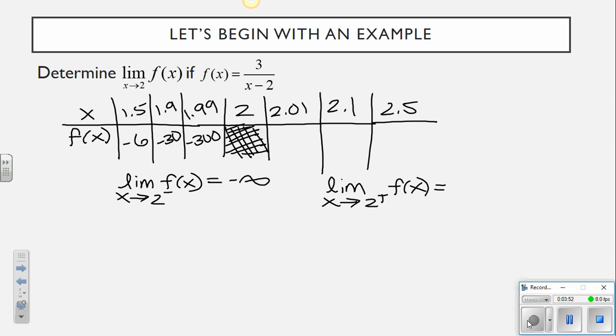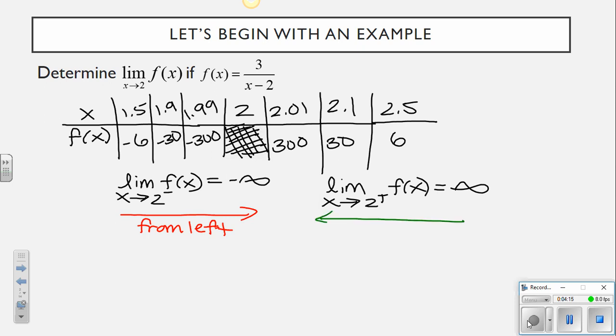So what value am I going to get here for 2.5? For 2.1? 30. And then for 2.01? So this is approaching what? Positive infinity. So I have one limit as you approach from the left. Remember, this is from the left. That's approaching negative infinity. This one over here from the right is approaching what?